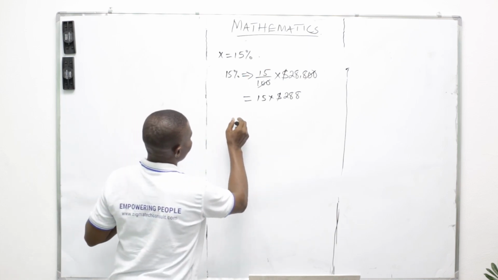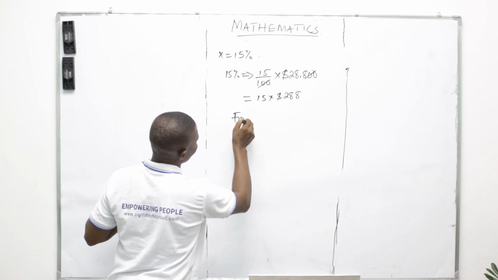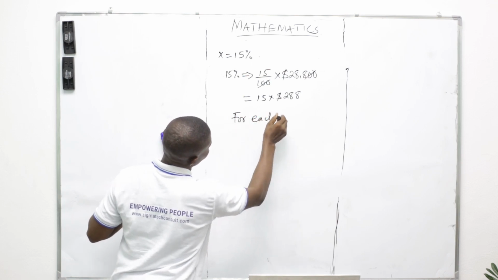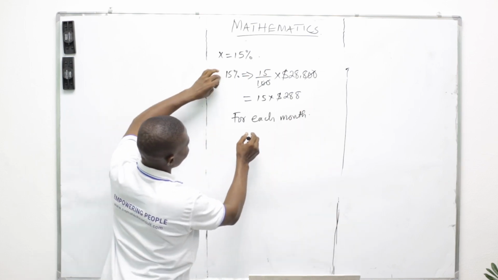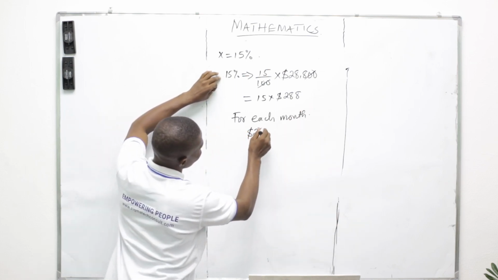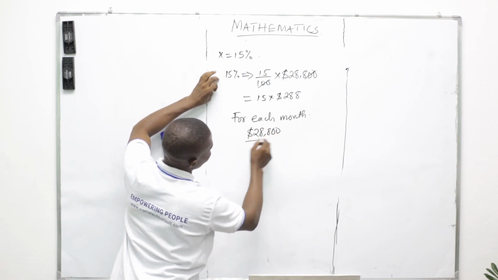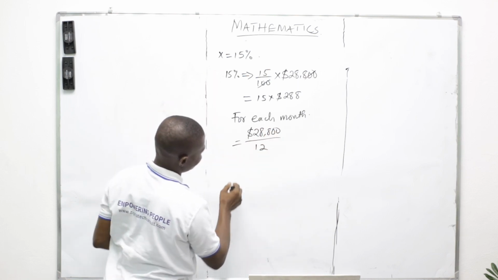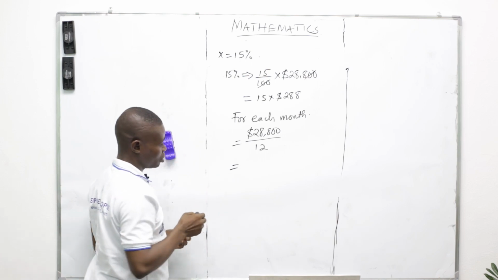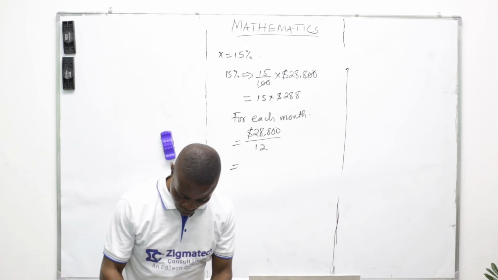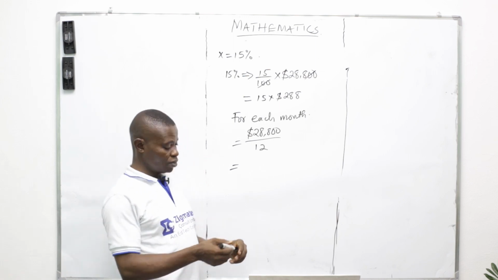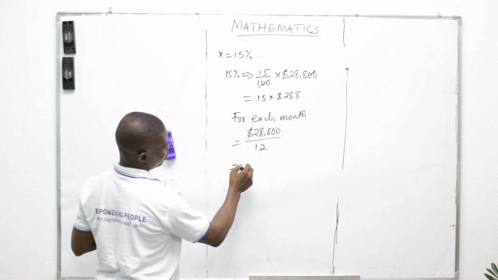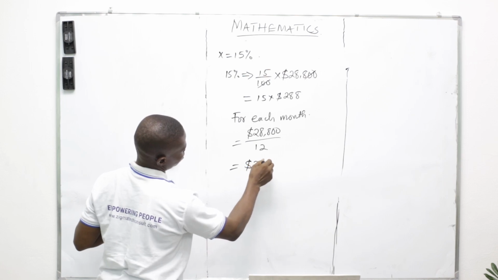We have to divide for each month first. $28,800 divided by 12 will give us $2,400.